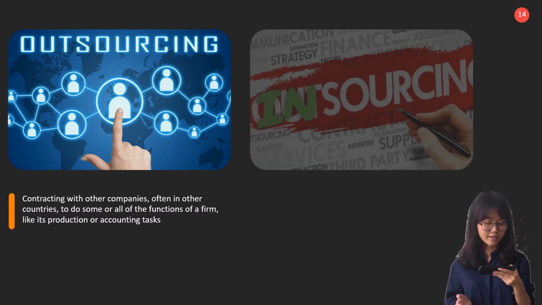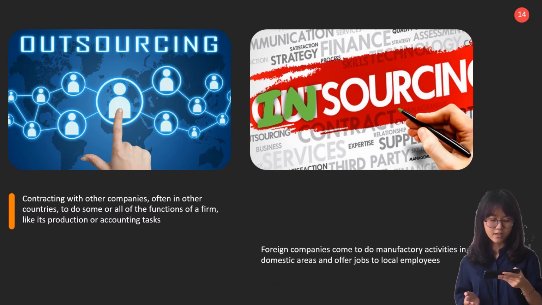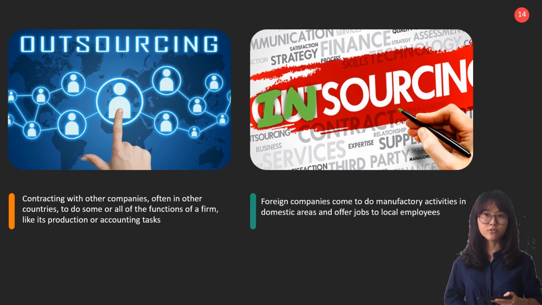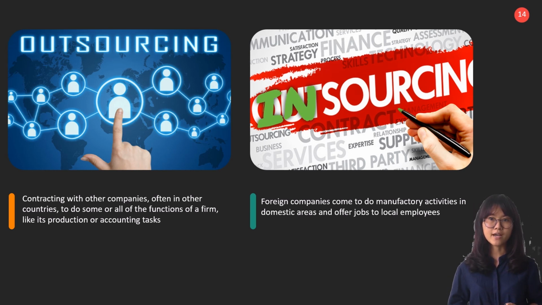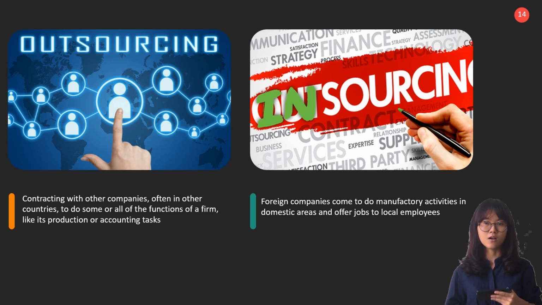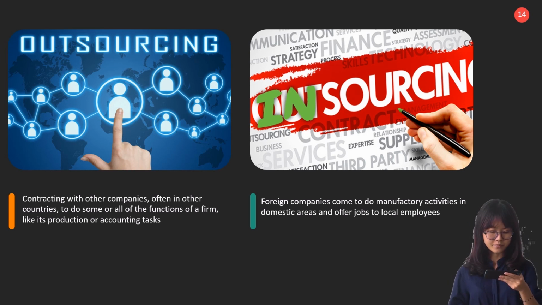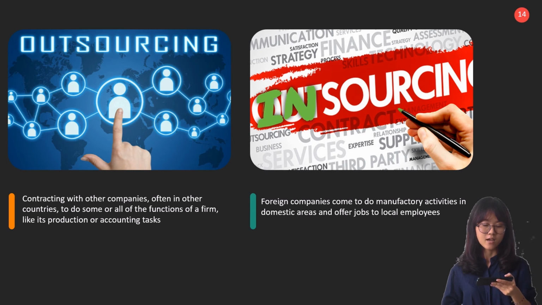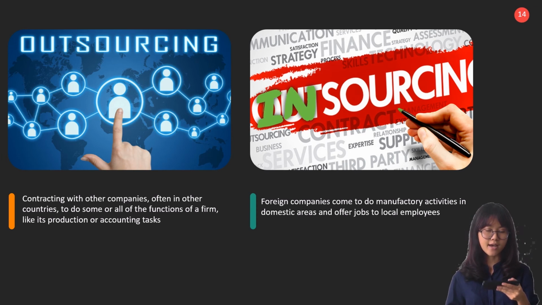Thus, outsourcing has caused many bad consequences to some states where jobs have been lost to overseas competitors. The opposite trend is called insourcing. It means that foreign companies come to do manufacturing activity in the domestic area and offer jobs to local employees. For example, Korea-based Hyundai operates design and engineering headquarters in Michigan.